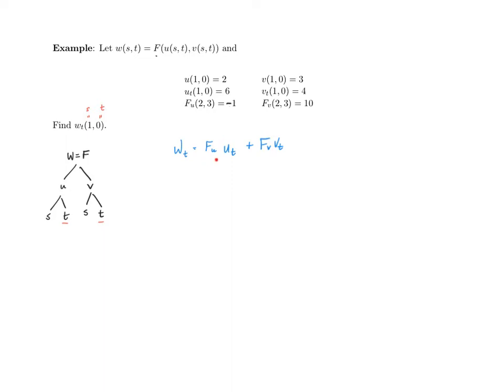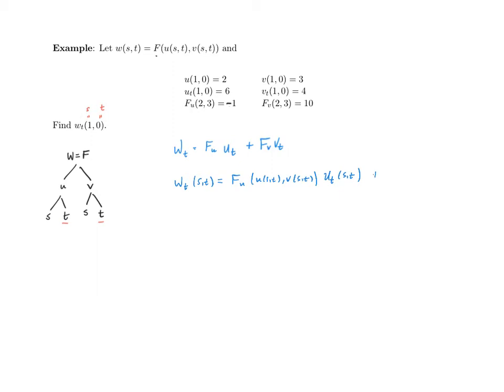But to really work with this and see precisely where these values come in, we need to rewrite so that we can see these compositions. So we have the following. W sub t, thinking of this now as a function of s and t. So f sub u is a function of u and v multiplied by u sub t, which is a function of s and t.